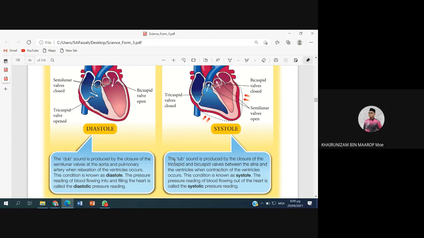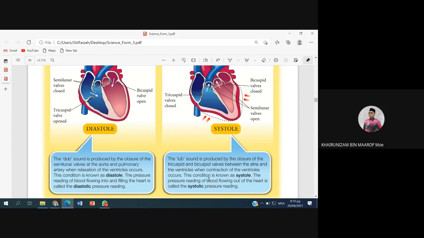The lip sound is produced by the closure of the tricuspid and bicuspid valves. Where are the tricuspid and bicuspid valves? They are between the atria and the ventricles.